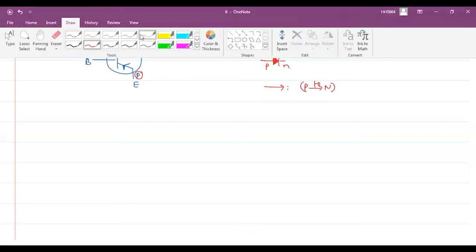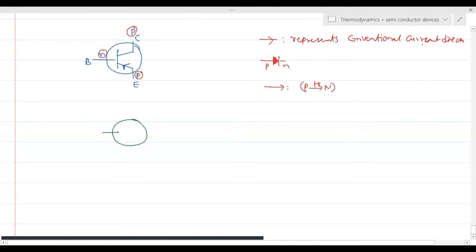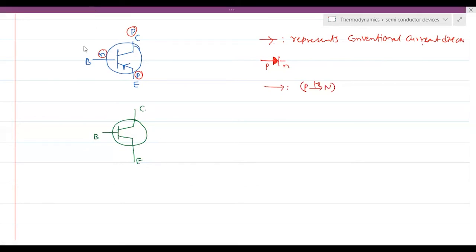Now we will consider the NPN. For example, I'm taking a circle. This is the emitter, this is the base, and this is the collector.